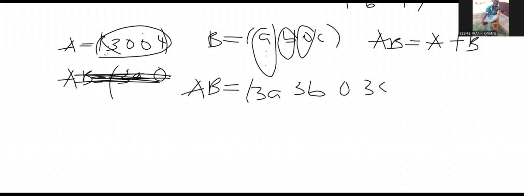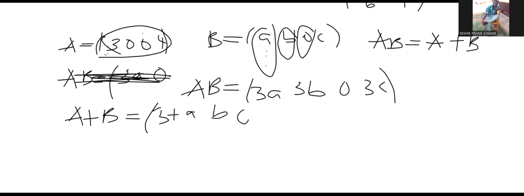That AB is the same as A plus B. So 3 plus A. Okay. Then 0 plus B is B. 0 plus 0 is 0. 4 plus C is 4 plus C. If these two are equal, it means that 3 plus A is equal to 3A.